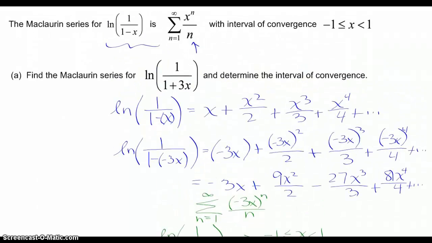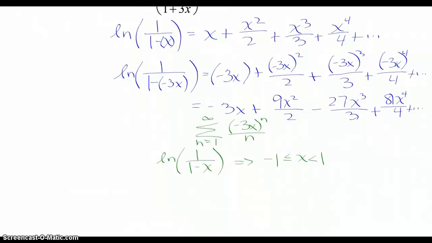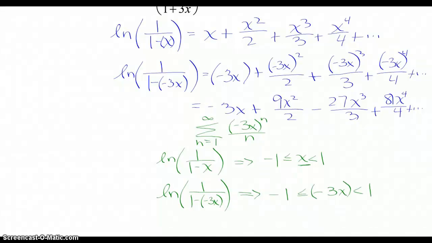I'm getting that right from the information that they gave us. So the manipulation that I made on this series says everywhere that there was originally an x, I'm now going to write a negative 3x.